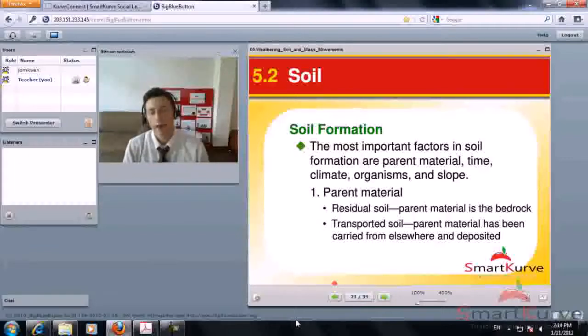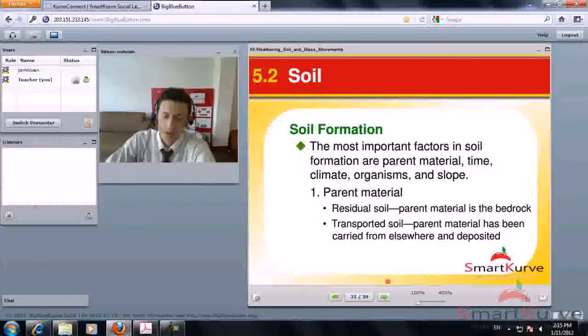So remember that the streams and the rivers can carry particles and then deposit them, drop them in other places. That's our transported soil. So the residual soil is like the soil that's been there, the old soil, the transported soil is the soil that's just moved into the neighborhood.